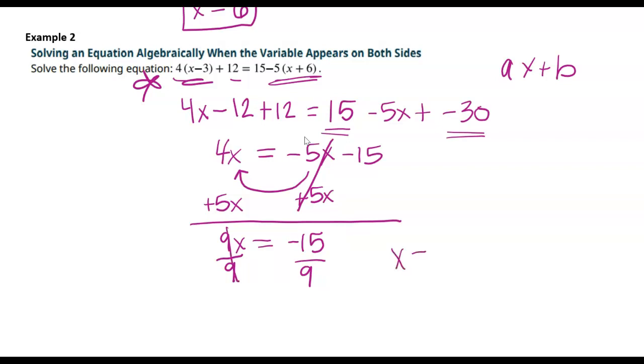And I do not have an integer answer like I did in the first one. I'm going to have this rational number. It's negative. And again, I could go through and check that when I plug in that x value, I do get equality and the same number on both sides.